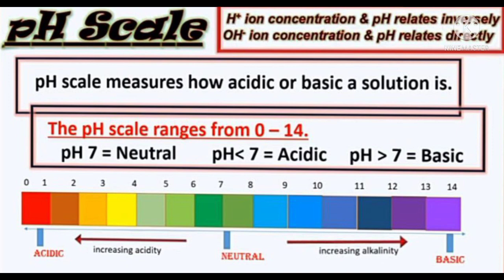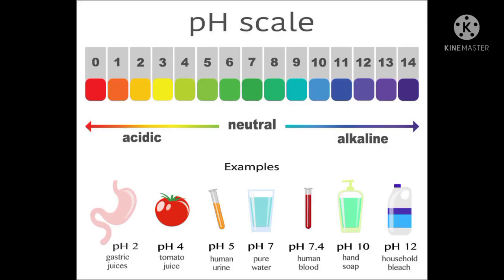Values 0 to 6 indicate acidic nature, 8 to 14 indicate basic nature, and the middle value 7 indicates neutral.